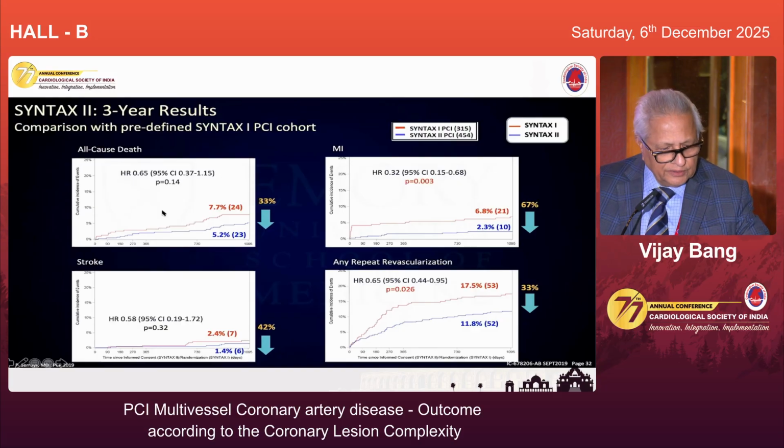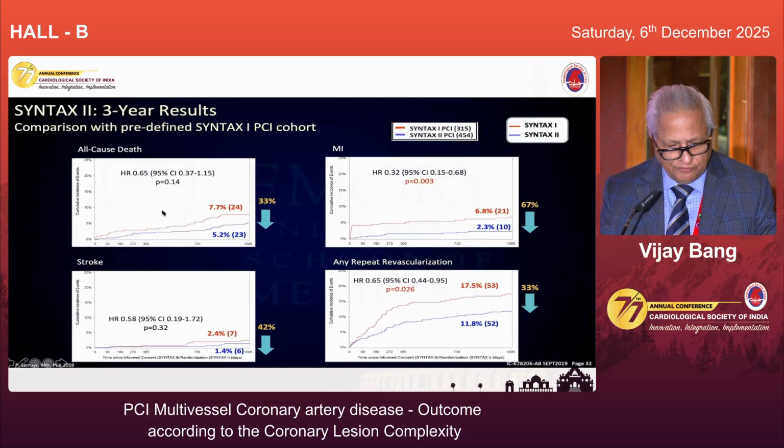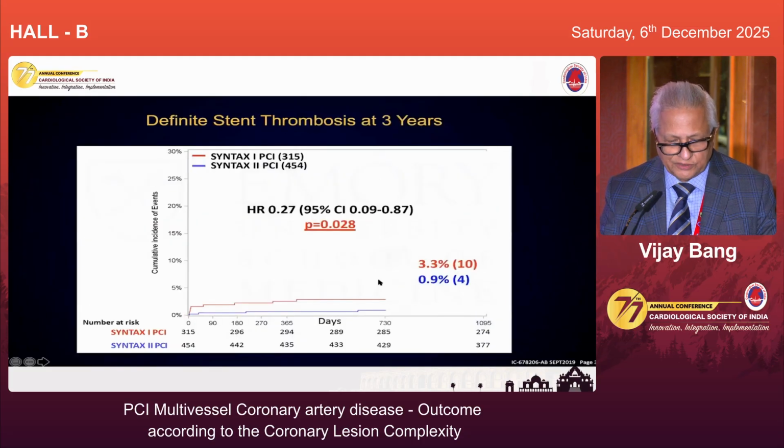So looking at all these parameters, it's very important that we understand how SYNTAX 2 has reduced overall the MI and also the death rate in patients where SYNTAX 2 score and all this technology were used.